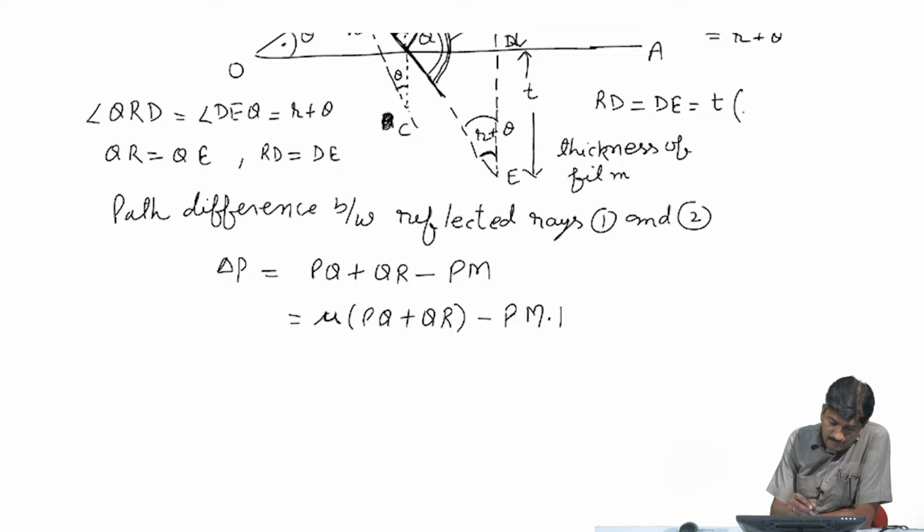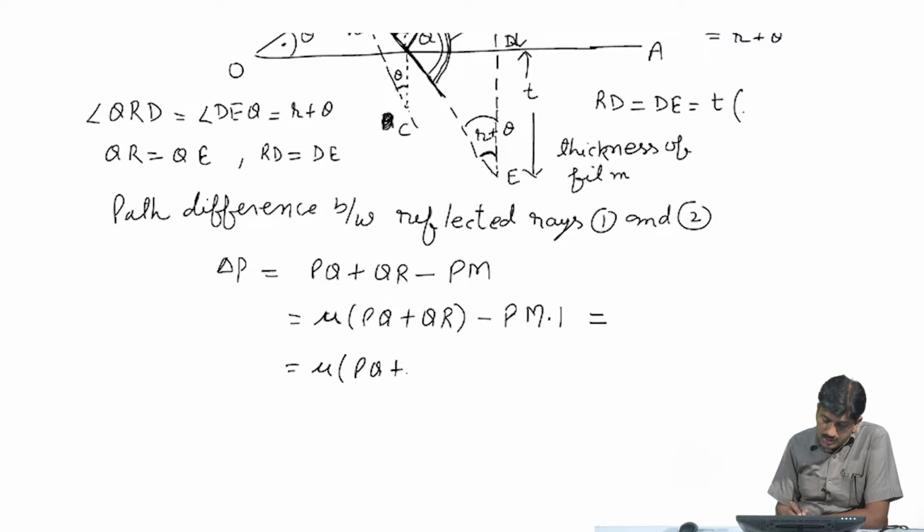Now that should be equal to mu into PQ plus QR minus PM.